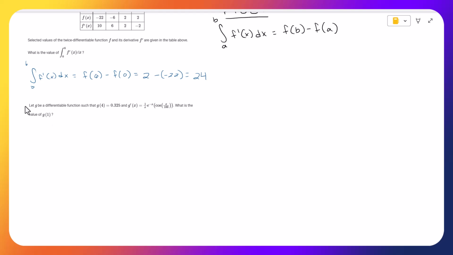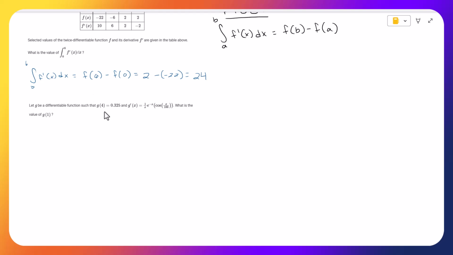Okay, and then our next piece: let g be a differentiable function such that g of 4 equals that and g prime equals that. What is the value of g of 1? Well, this one is a little bit trickier, but what tells me that I'm going to be using the first fundamental theorem is the pieces that we're given.